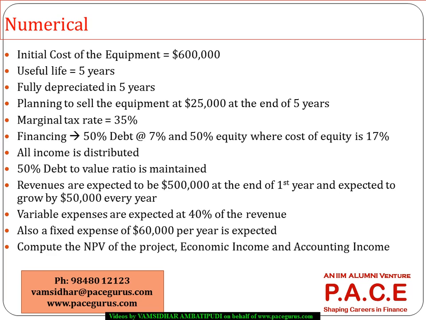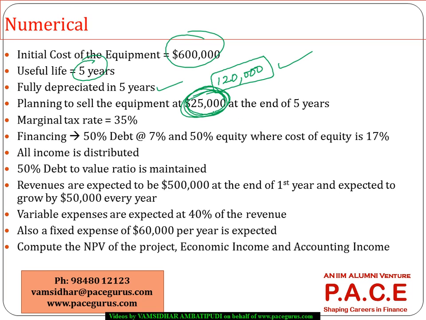We are talking about purchasing an equipment whose cost is 600,000, which will last for 5 years, and it is expected that it will be fully depreciated in 5 years, which means if I am considering a straight line depreciation method, then probably I am using 120,000 as a depreciation for each of the years. But I am expecting that I will sell off the asset at 25,000, though I am fully depreciating it, which means in the 5th year I am expecting a capital gain of 25,000 at the end of 5 years.